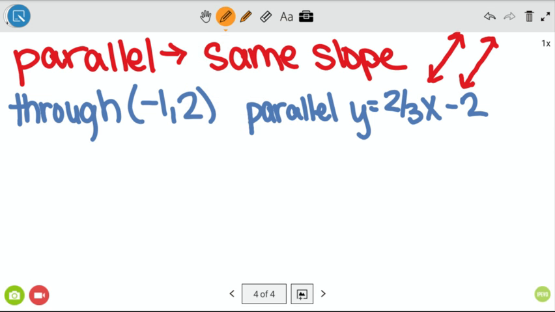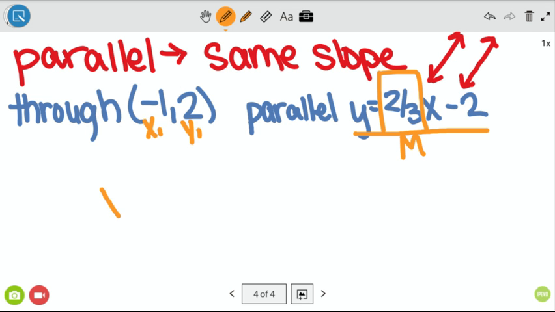So we know that we're definitely going to use this for x1 and y1. Now we need a slope to write an equation, and so parallel means the same slope. The slope of the equation that we're given, so we're talking about this equation, there's two numbers there. There's a 2/3 and a -2. The slope is 2/3, so that is what we're going to use for our slope.